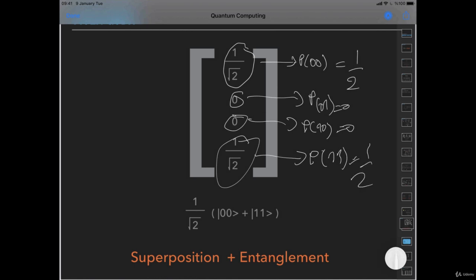So what does it tell us? We are in a superposition, and as you can see, we can get 00 or 11 with a 50% chance, but we also have entanglement, because it's either going to be 00 or 11. Remember, there is some kind of correlation between them.